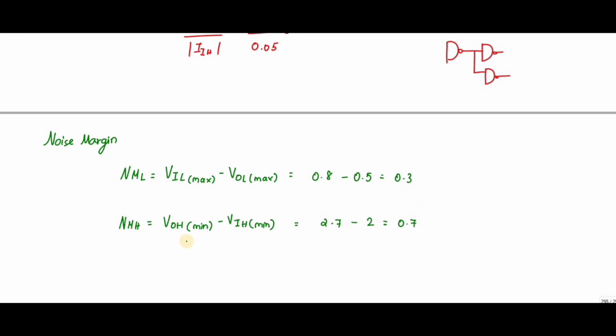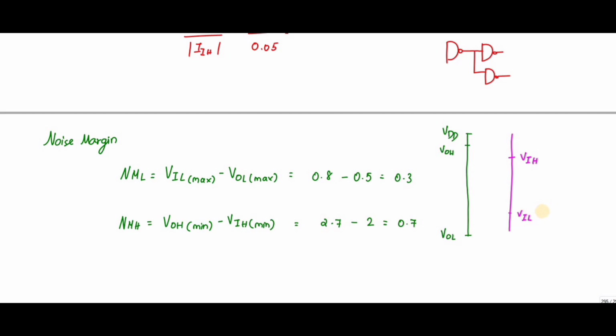So here the I and O represent the input and output, and L and H represent low, logic 0, and high, logic 1. So if you see, this is your VDD and this is your VOH value, and this one is VOL. For input, this is your VIH value and this is your VIL value.